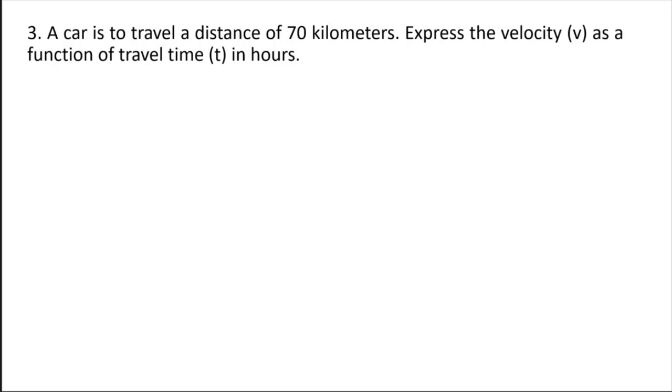In our existing knowledge, we all know that velocity is equal to distance over time. So the distance, of course, is 70 kilometers, and the time is per hour, so how many hours you traveled this distance.